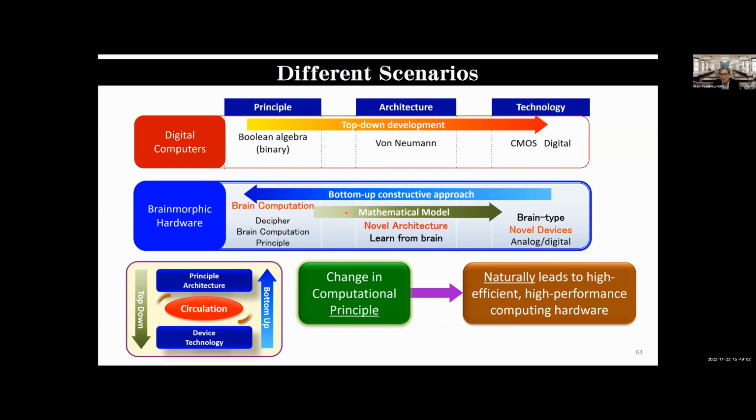But in this lecture, I didn't mention this arrow. Actually, we should have two arrows here, which will circulate like this from top-down to bottom-up to realize brainmorphic hardware. And again, the change in computational principles itself naturally leads to highly efficient, high performance computing hardware.